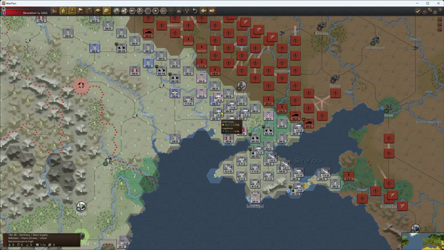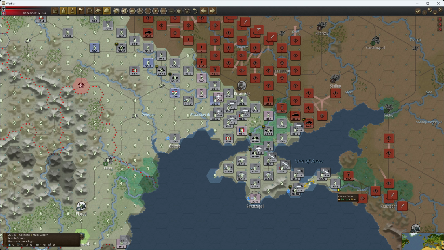Now, the additional thing I was able to do a couple turns ago is to break into the Crimea and attack Sebastopol and take it. Then I was able to use my entire air power here to break into the Kuban.